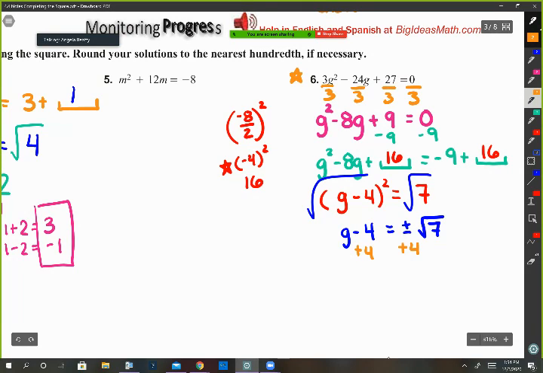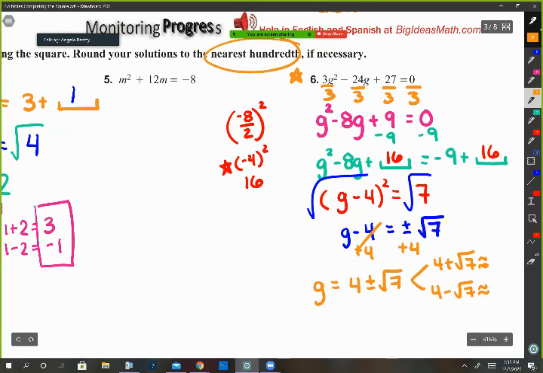And because this is a radical, that kind of tells me that I'm going to have not a nice answer. And so we're going to have to round to the nearest hundredth. So I have 4 plus or minus root 7. So this is 4 plus root 7 and 4 minus root 7. And again, these are going to give me approximation numbers.